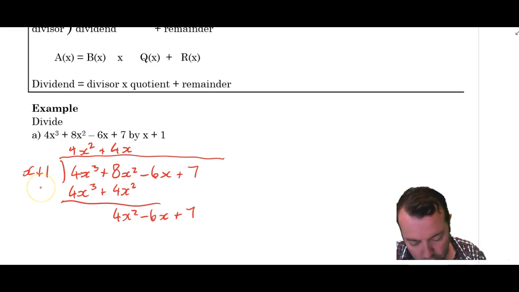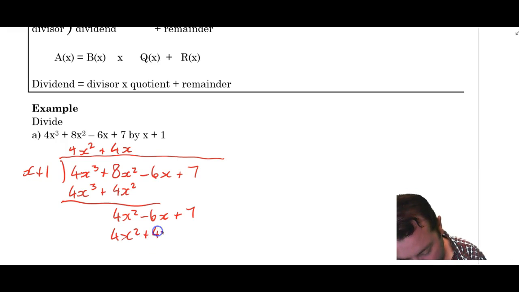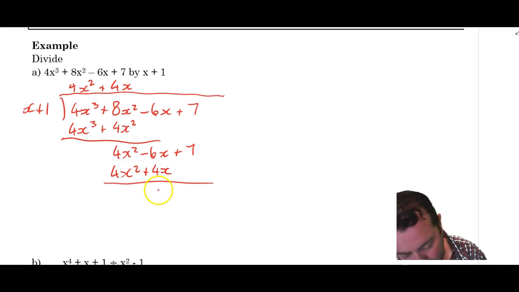And 4x times my divisor is 4x squared plus 4x. Rule a line underneath and do the subtraction, and I get negative 6 minus 4x, which is negative 10x plus 7.